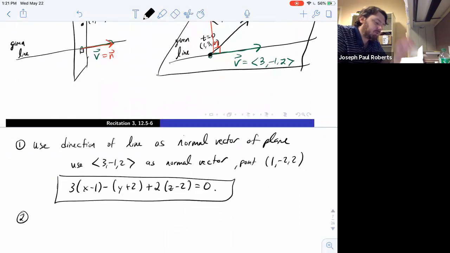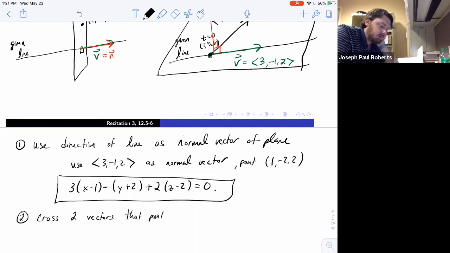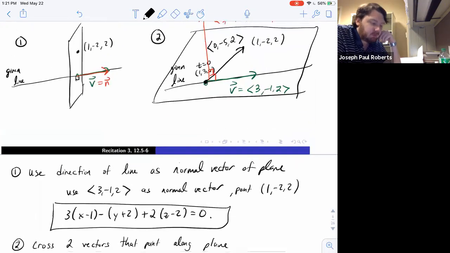I guess the approach is we're going to cross 2 vectors that point along the plane. And the way we get those, we can use the vector for the line, get a point on the line, and get a displacement vector to the other known point, and go from there.